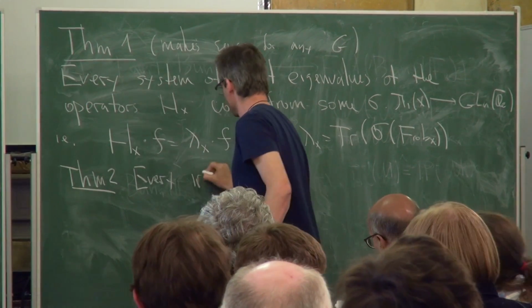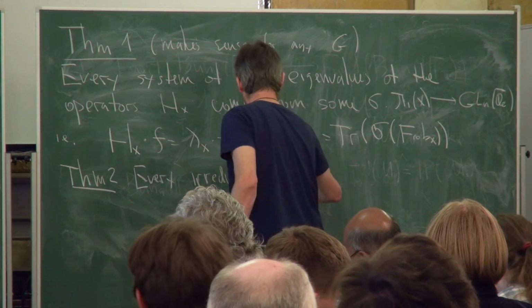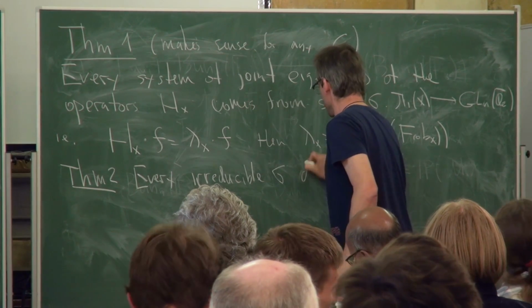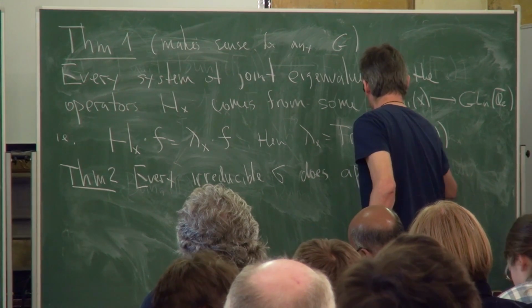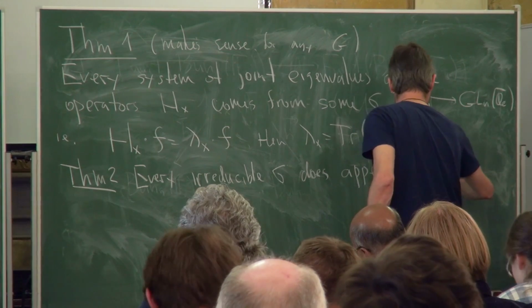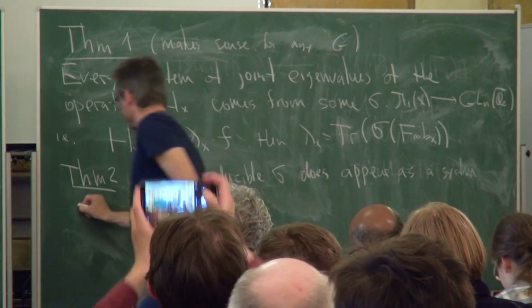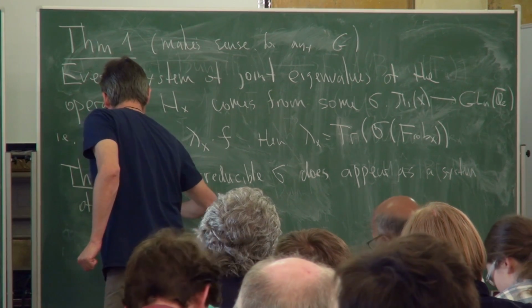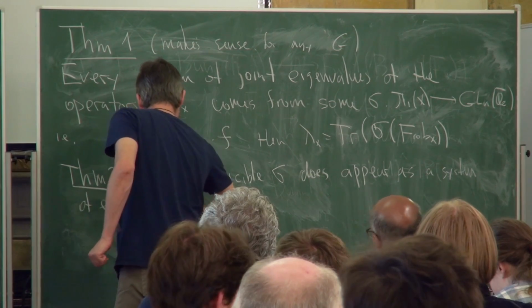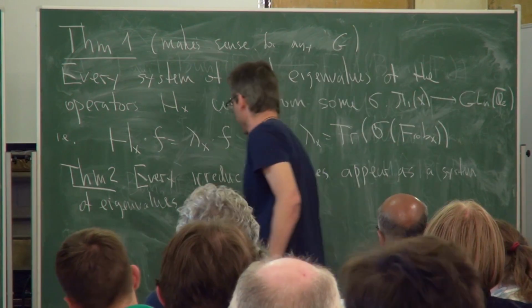Every irreducible sigma does appear as a system of eigenvalues, and moreover the corresponding eigenspaces are one-dimensional.